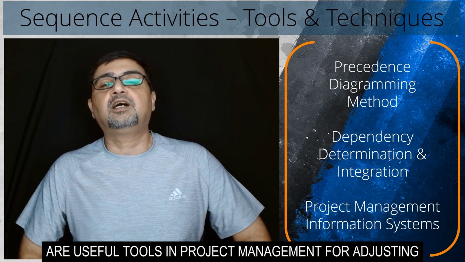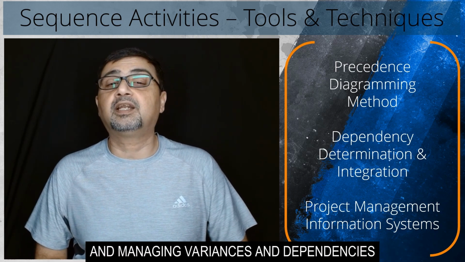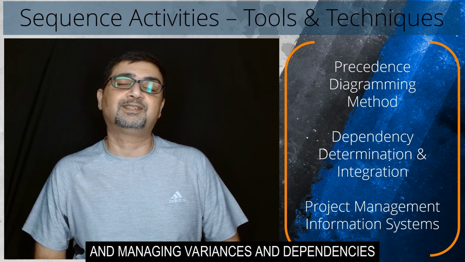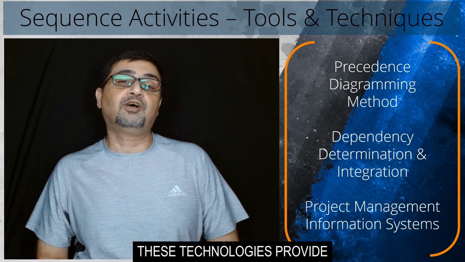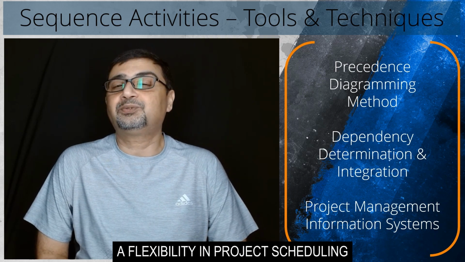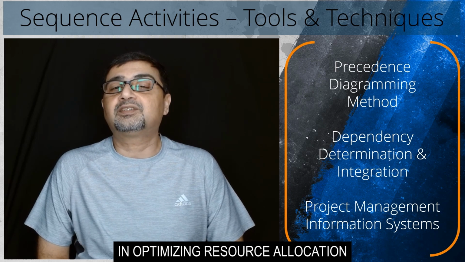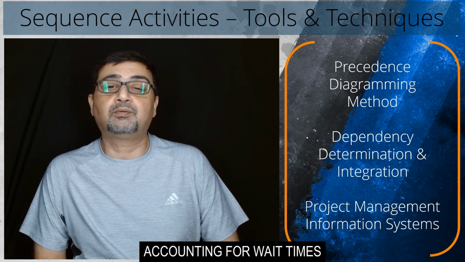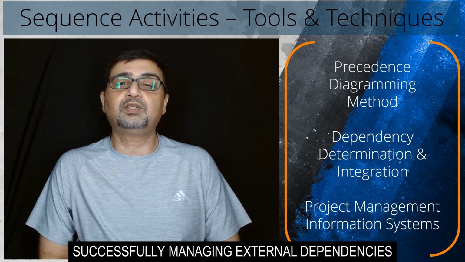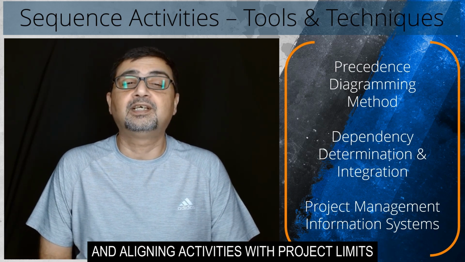Leads and lags are useful tools in project management for adjusting activity sequencing and managing variances in dependencies. These technologies provide flexibility in project scheduling and play an important role in optimizing resource allocation, accounting for wait times, successfully managing external dependencies, and aligning activities with project limits.